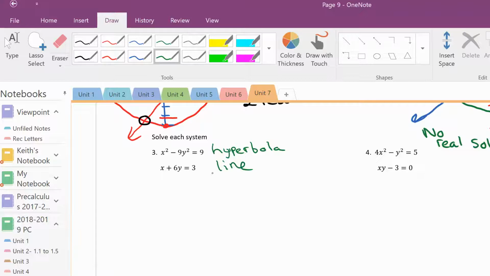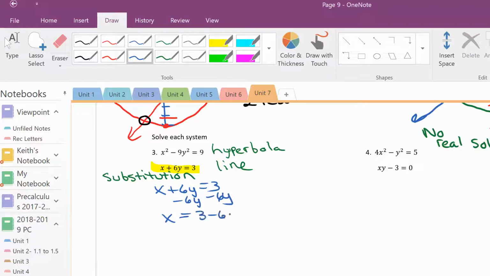So if you have a line, you're going to have to do substitution. So you're going to have to solve for one of the variables in the line. So since it's just x here, I'm going to make it x plus 6y equal 3. Subtract the 6y. So x equals 3 minus 6y.